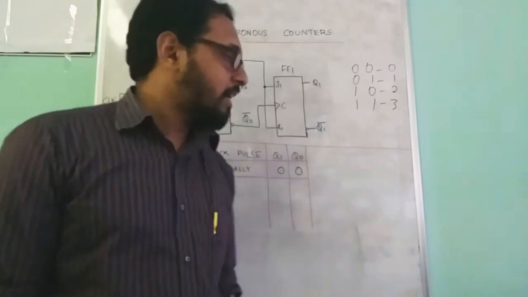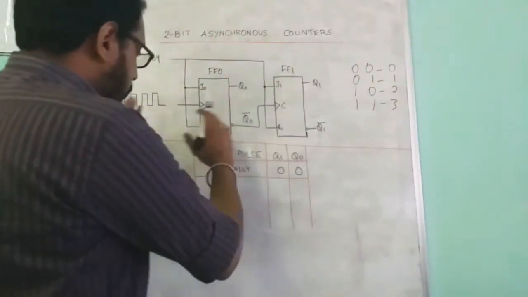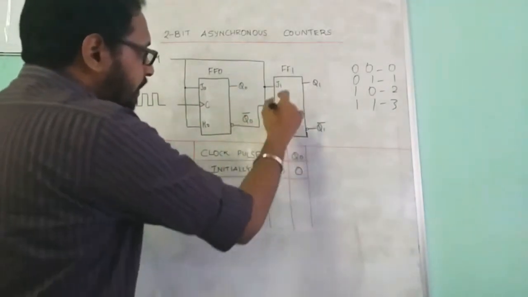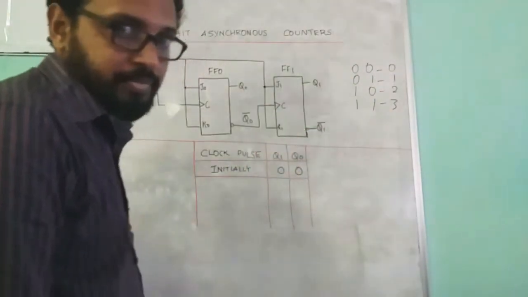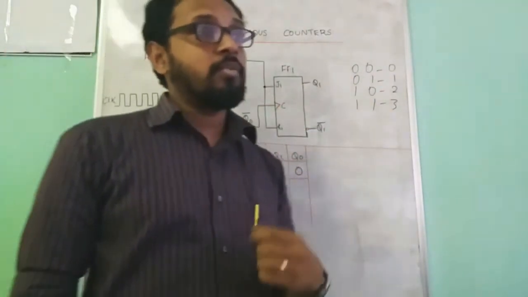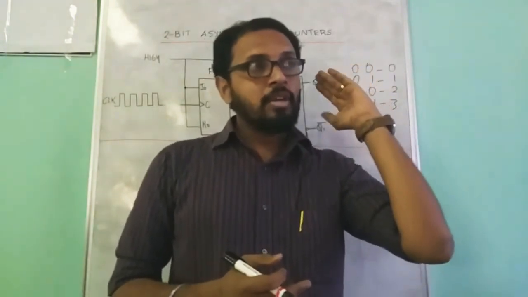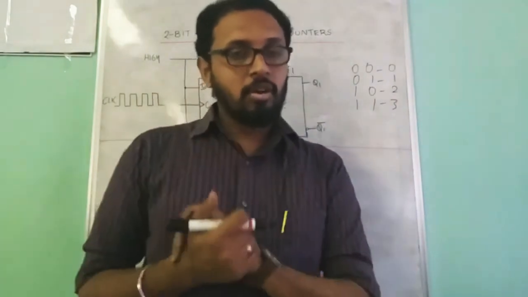Our first step is that initially the clock pulse is not given, so we have set both the values as 0, which is this condition. The other thing we need to keep in mind is that it works only on the positive going edge of the clock.